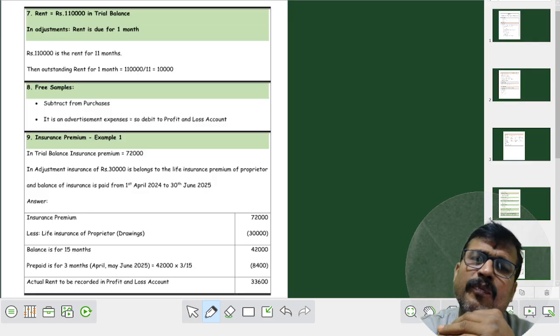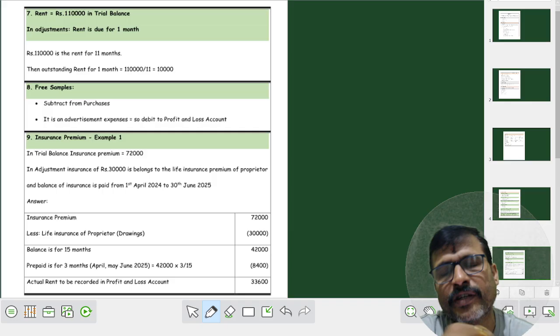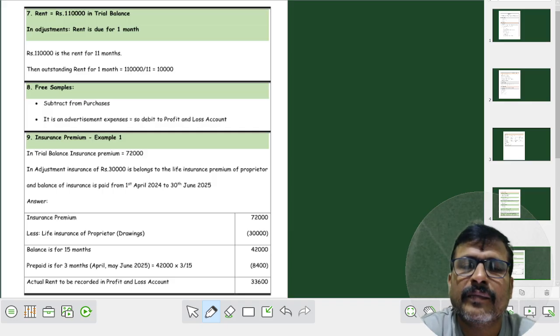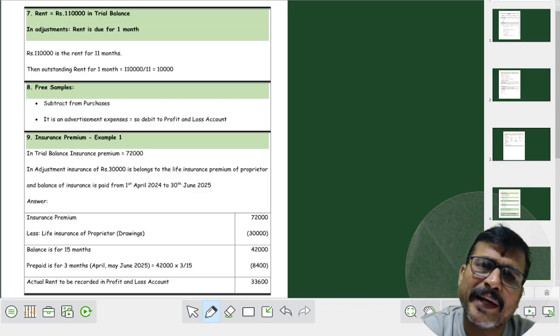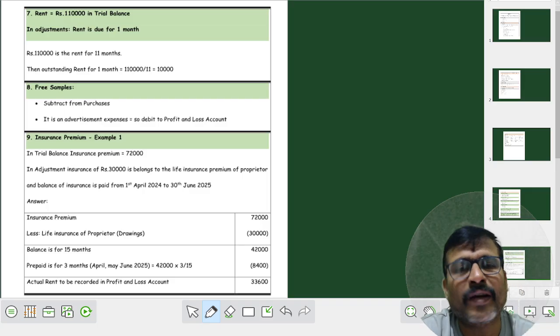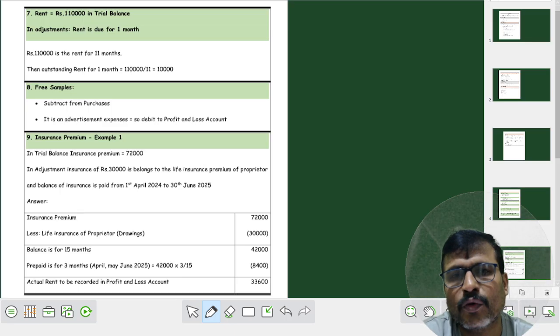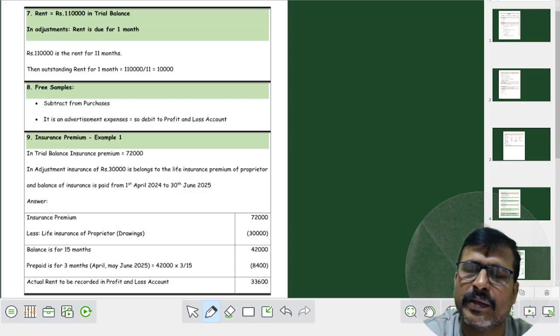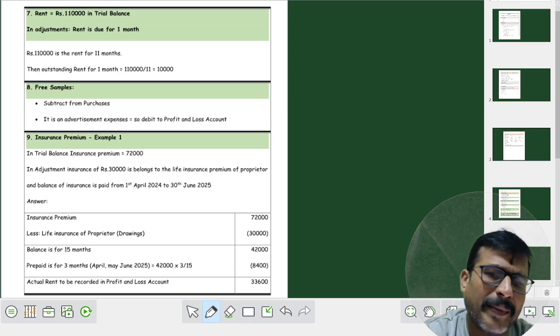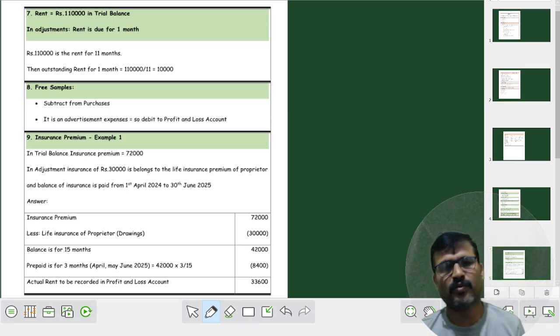But in the case of a manufacturing concern, the proprietor is involved in manufacturing activities. After manufacturing, he sells it to the retailer or a wholesaler, whoever his customer may be. That is about manufacturing concerns, my dear students.